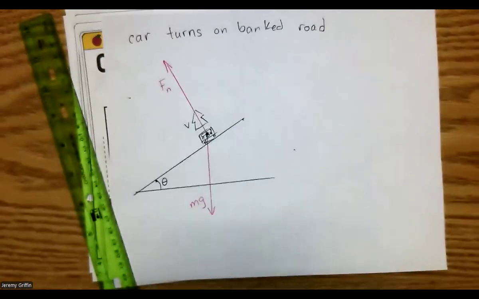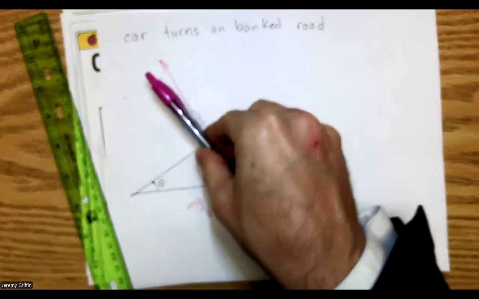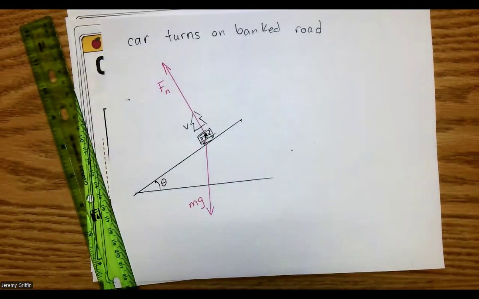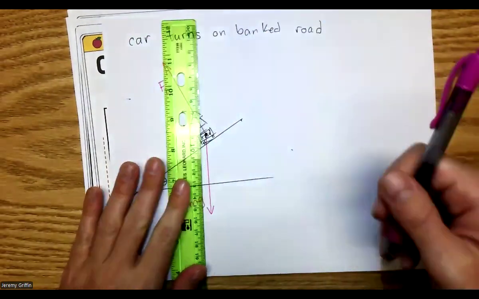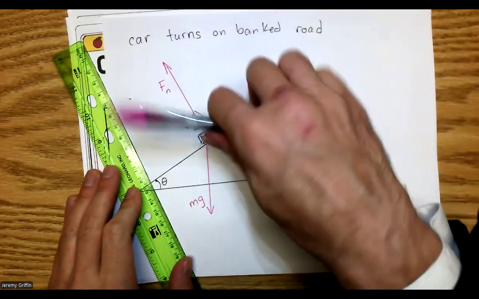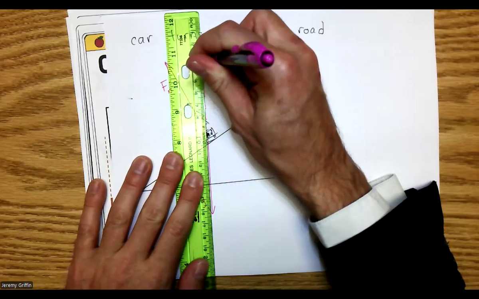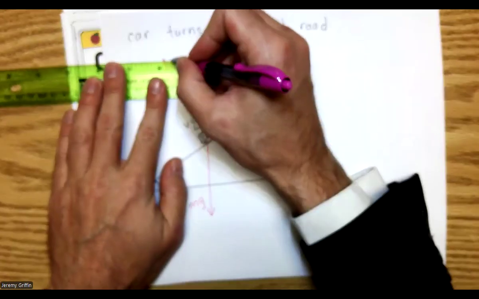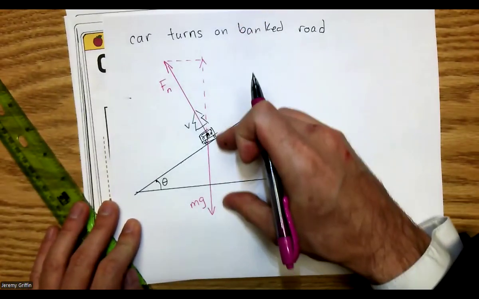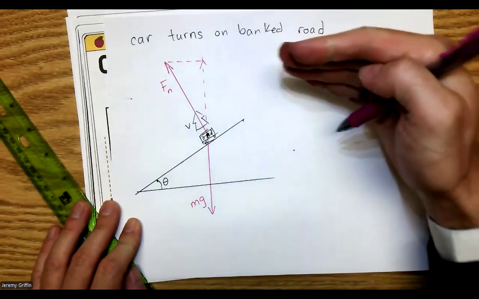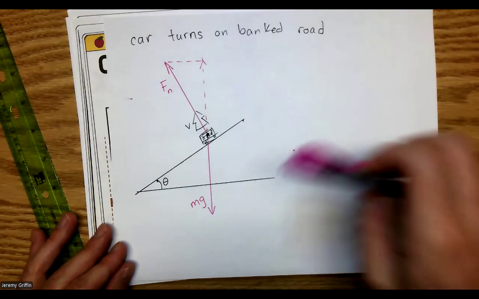Because the inclines, remember the inclines I always told you guys, introduce a Cartesian system that's parallel perpendicular to the surface, right? Now this one you could solve like that, but I'm not going to do that because there's an easier way to solve it. I'm going to keep a Cartesian system that's parallel perpendicular to gravity. And so this normal force then I'm going to break into components and say this normal force is doing 2 different things. This normal force is holding the car up against its own weight, and it's also forcing the car into a left-hand turn. It's doing both of those things.